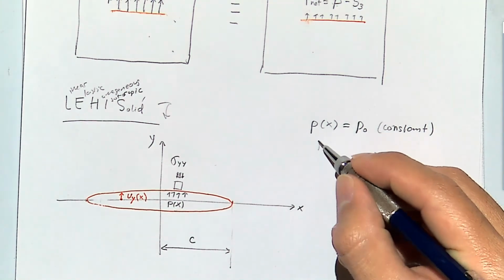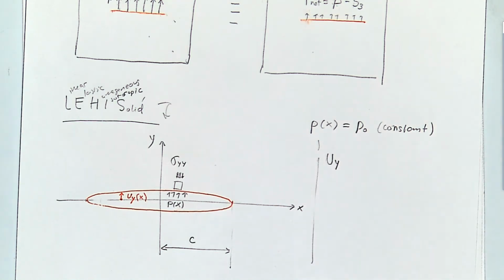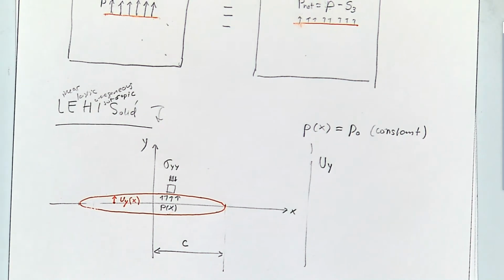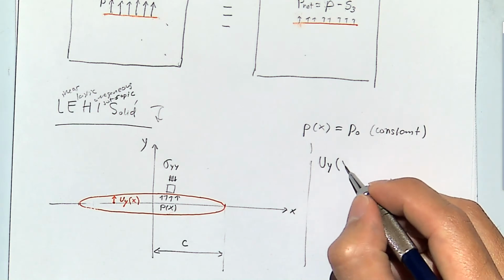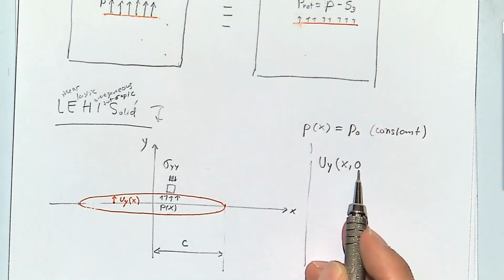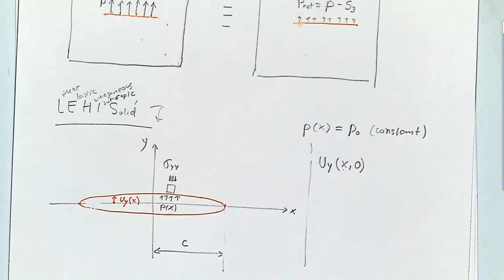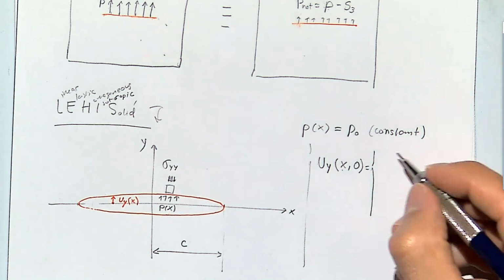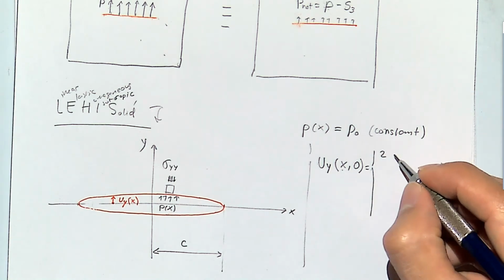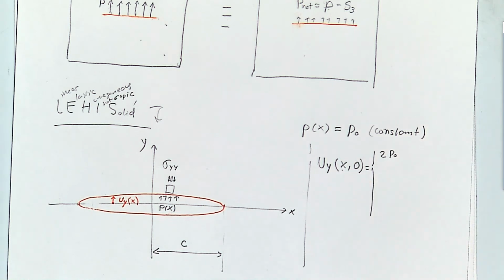And the solution for this, Griffith found that the displacement in direction y, perpendicular to the fracture, at the fracture, and that's why this one is equal to 0, and depending on position x, is going to be proportional to the pressure, and here we're talking in terms of net pressure.